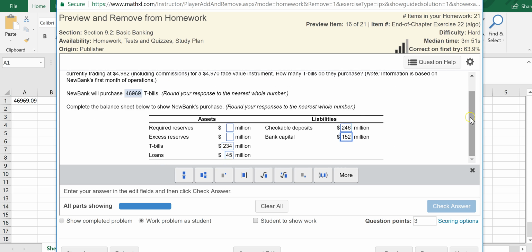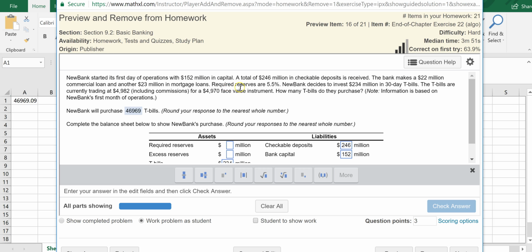So then you can see that the only two blanks are required reserves and excess reserves. But we are also provided with the reserve ratio, which is 5.5%. And this reserve ratio is in terms of the checkable deposits, right? Reserves are in terms of the checkable deposits.